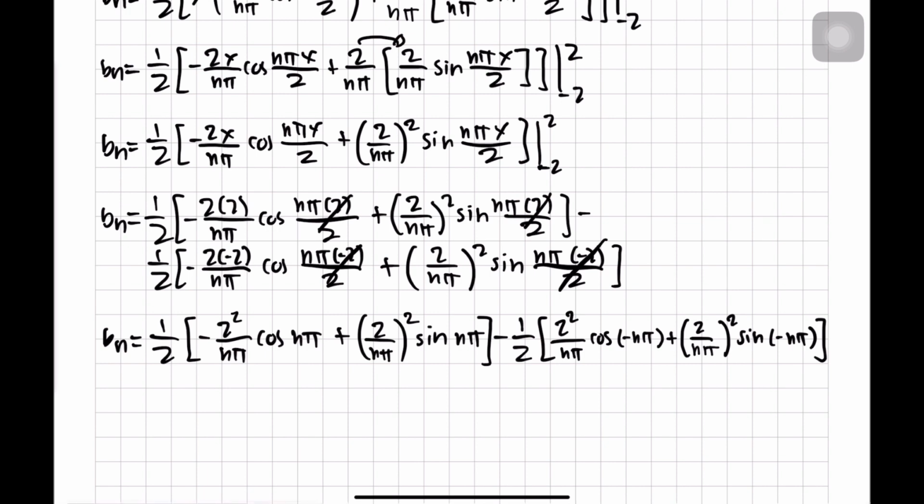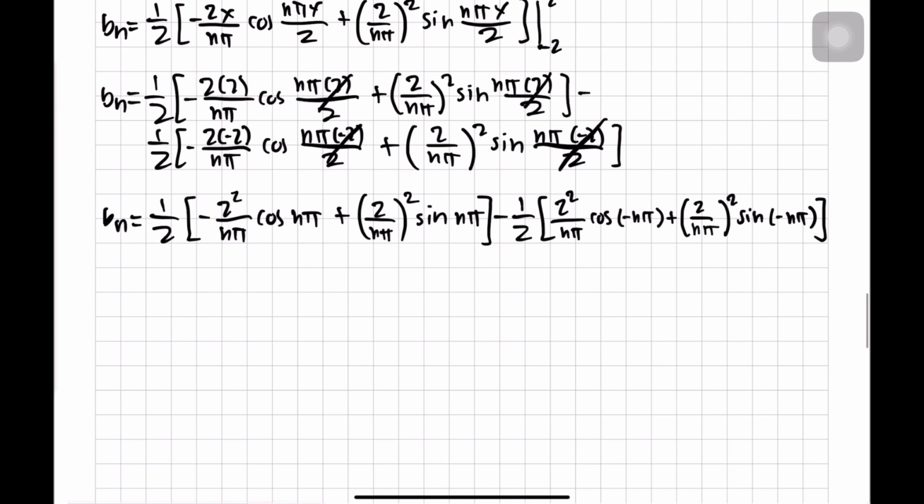So just need to simplify it a little bit further. We will now distribute the 1/2. Okay, so that's 2 squared, that's 4 divided by 2, that would be negative 2 n pi cosine n pi.